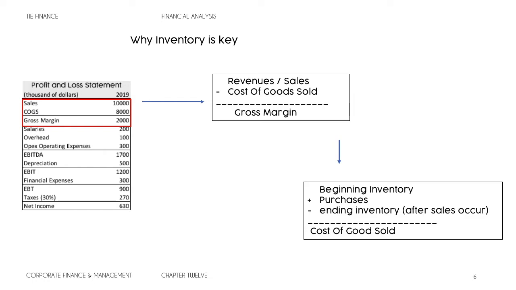This is the things you pay to suppliers to make your product, your cost of production, your inventory. And then you subtract your ending inventory after your sales, of course. There you have the cost of goods sold. This is basically the number that appears in the income statement. The profit and loss statement is just the same.